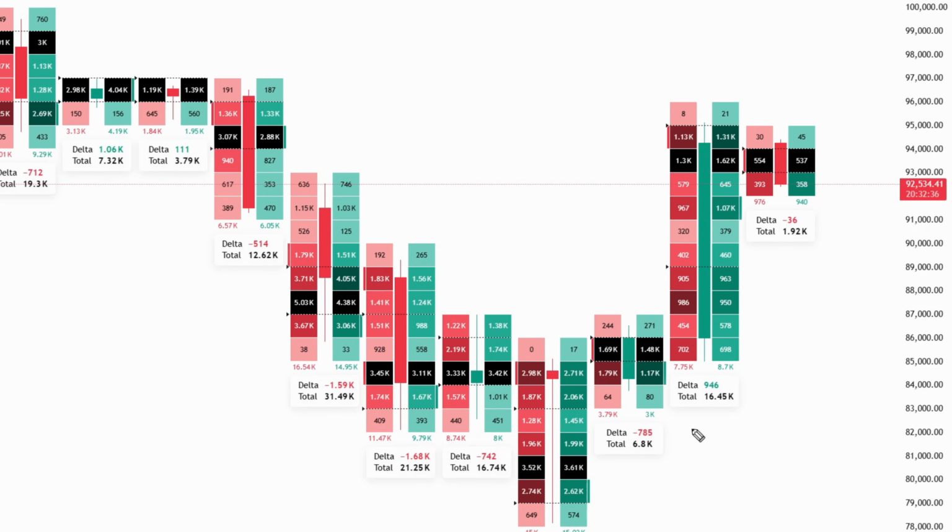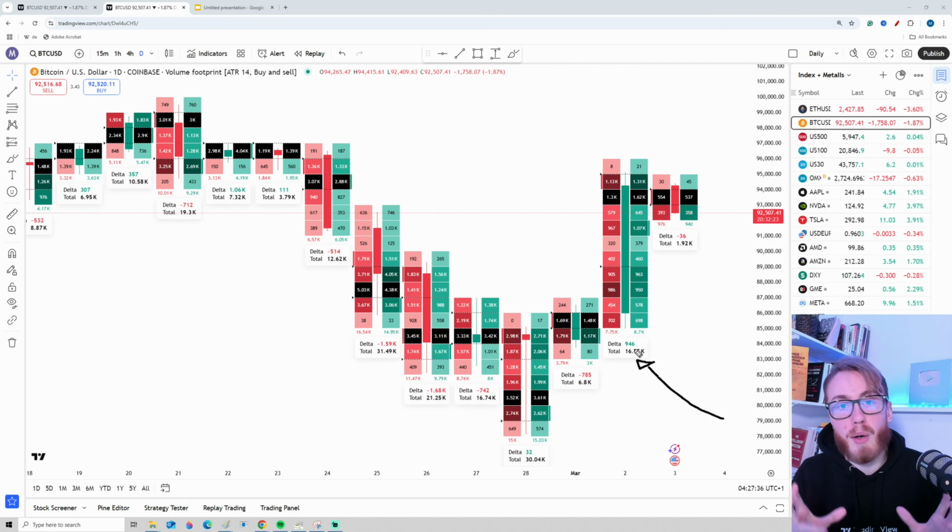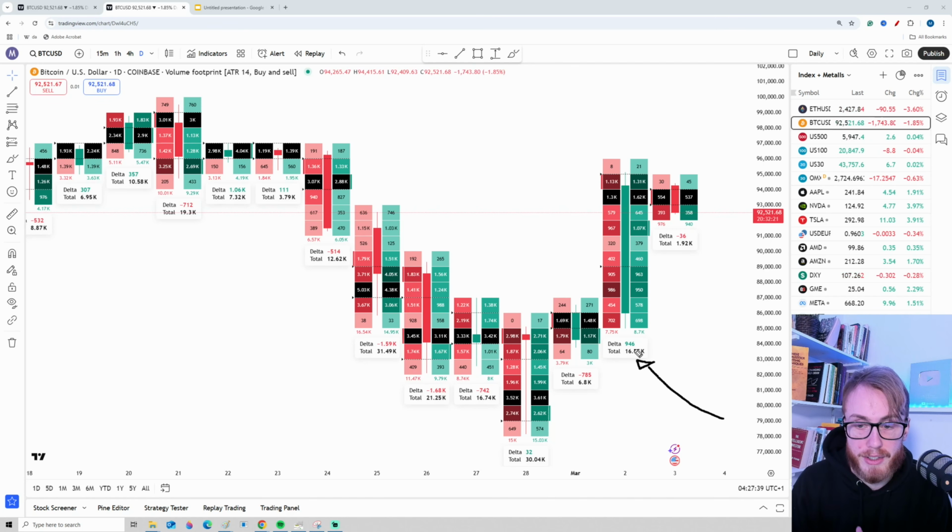The next thing we need to understand, and now I want you guys to shift the attention to the white boxes that are below each candle. You can see that we have a total and we have something called delta, and delta will be very important to understand later in this video, but let's begin with what total means. Total is very simple.